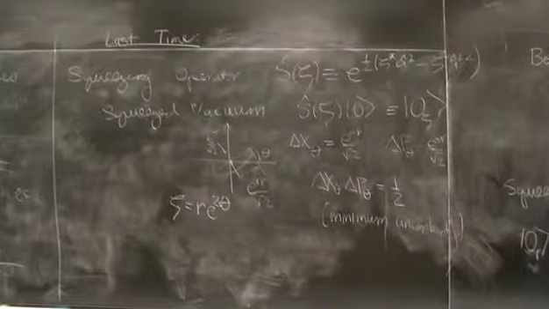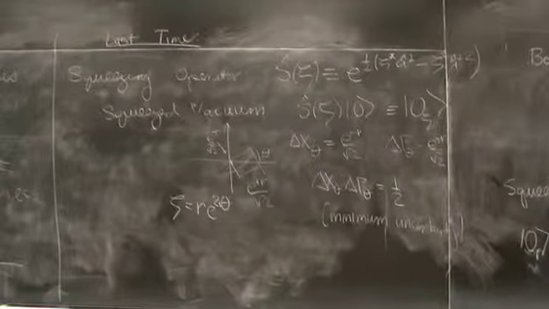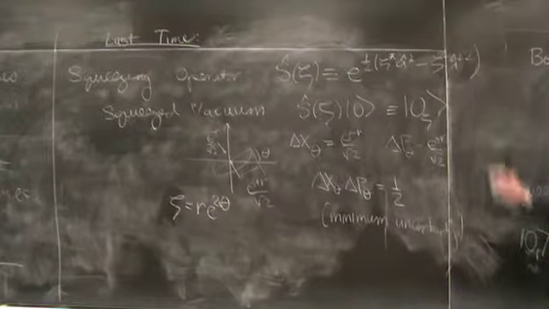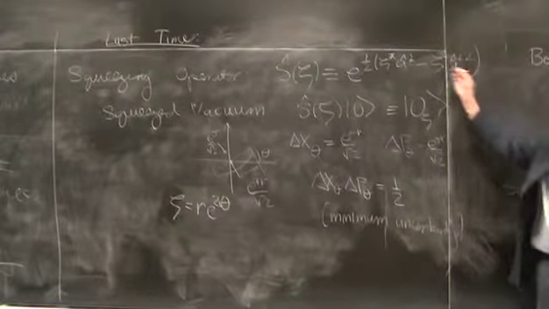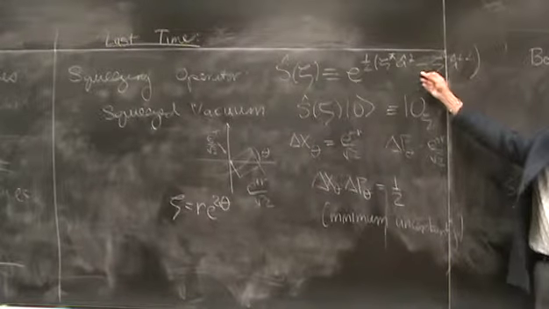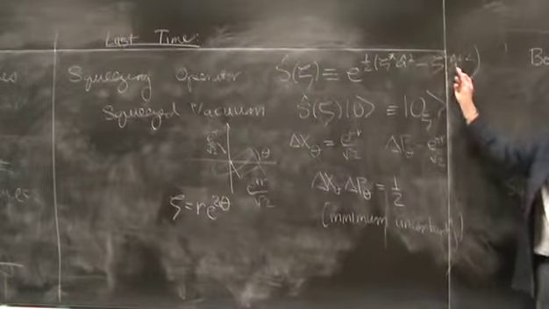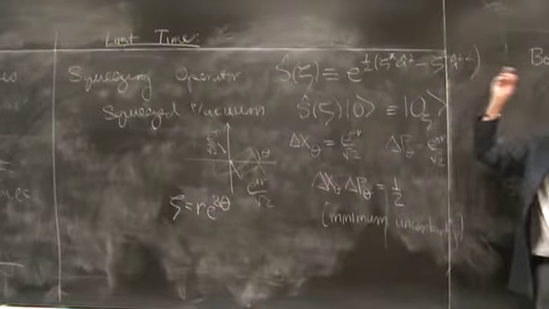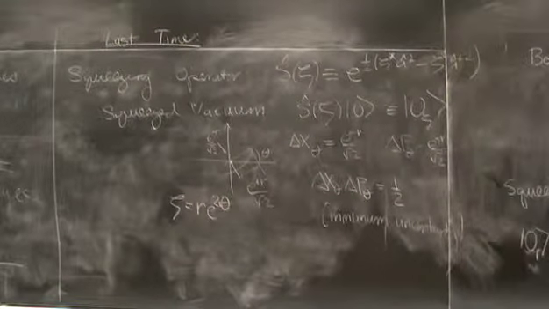It has this form. Maybe we'll get to today, if not next week, where this comes from physically. Obviously, it involves something with pairs of photons, since it has A squared and A dagger squared.